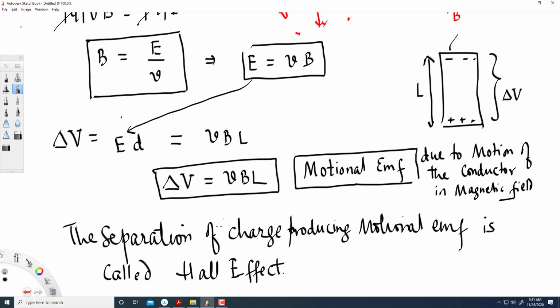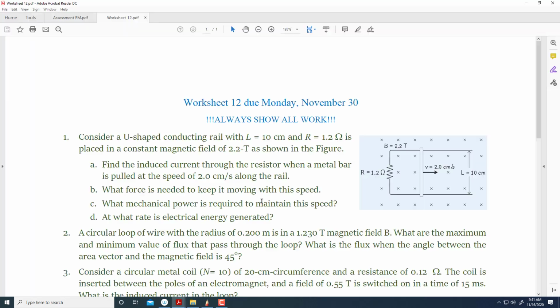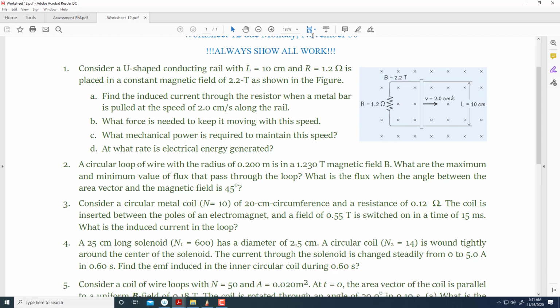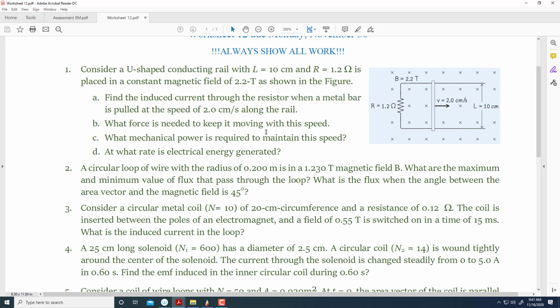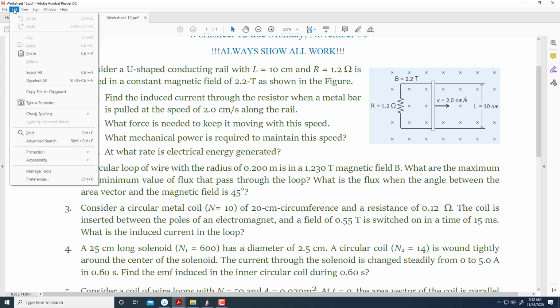We'll talk about that later. Okay, so let's look at a problem. If you don't understand, you need to tell me what you didn't understand, because I don't have magic to know whether you understood or not. So you need to tell me if you don't understand something.